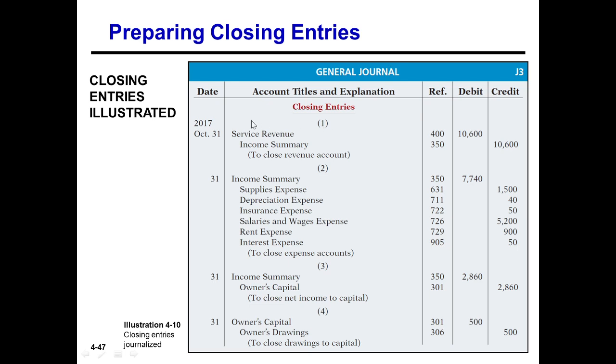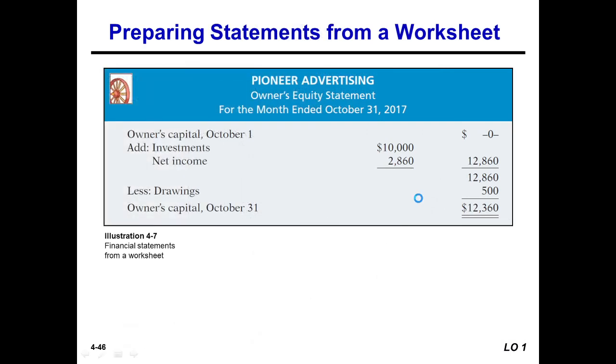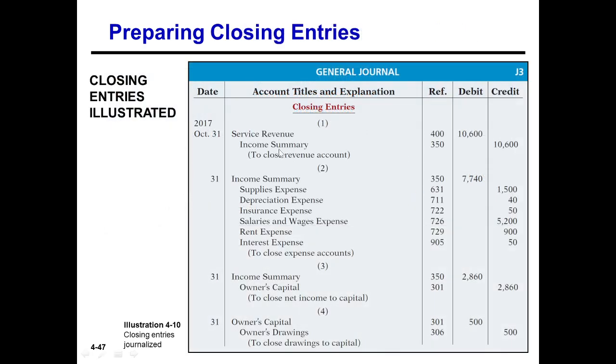In the general journal, this is the date column, account titles and explanation column, reference column, debit and credit. So service revenue: we know revenue is always credit, but when we close the accounts, service revenue or all types of revenue will be debit and income summary will be credit.